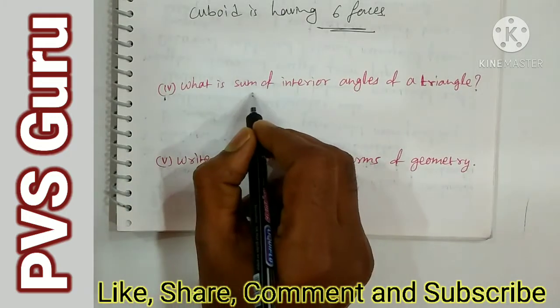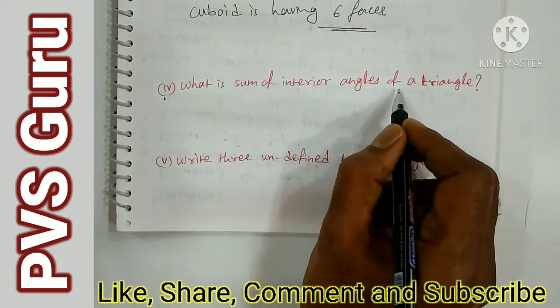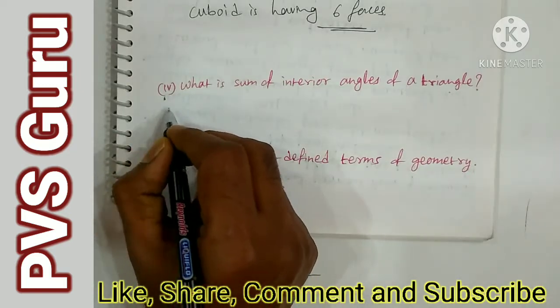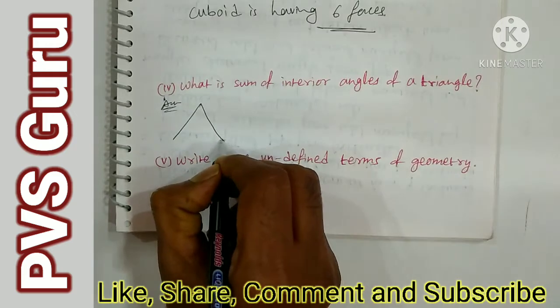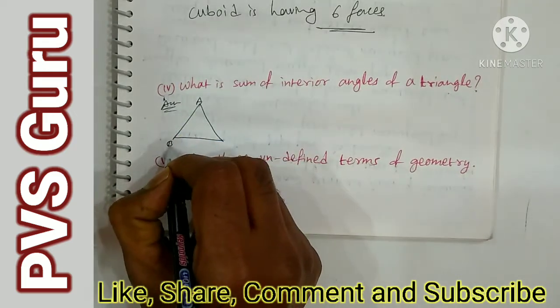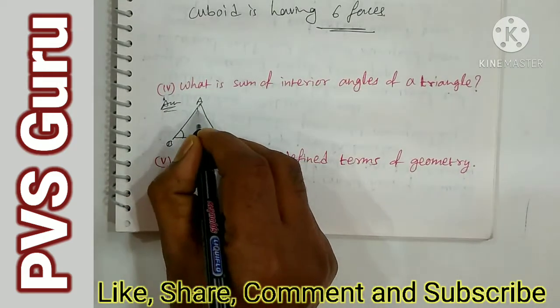Now, what is the sum of interior angles of a triangle? So here the answer is, this is the triangle ABC. So these are the angles.